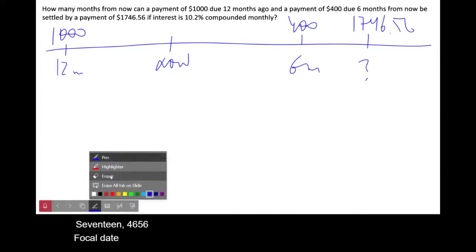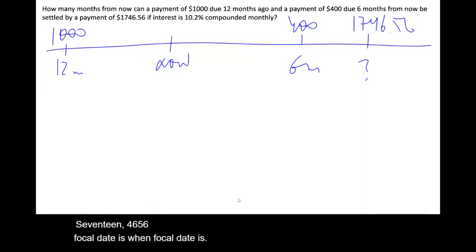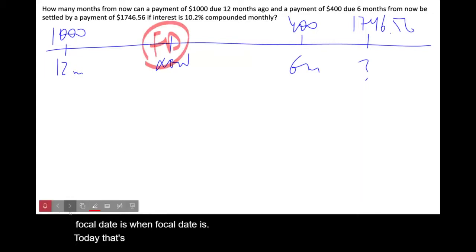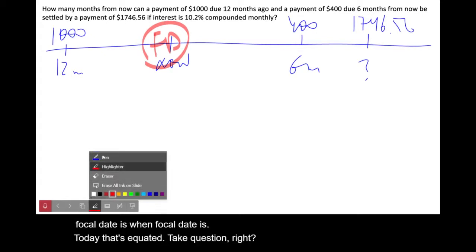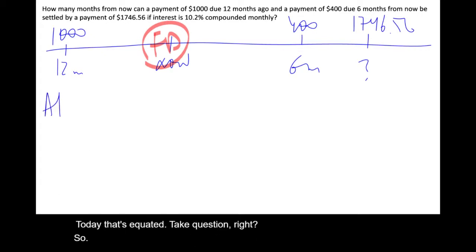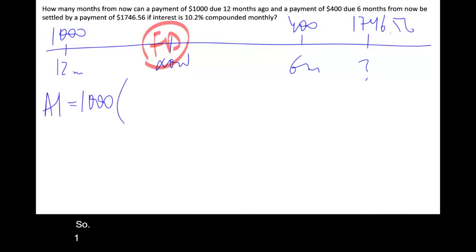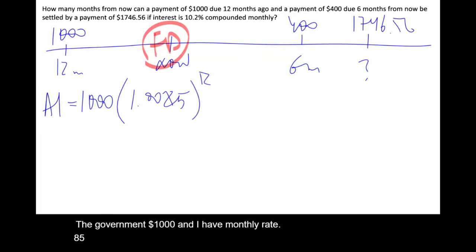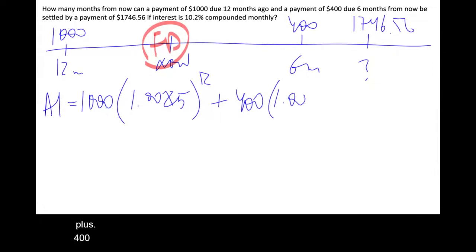Focal date is when? Focal date is today. That's an equated date question, right? So agreement $1,000, and I have monthly rate 0.0085, 12 plus 400.